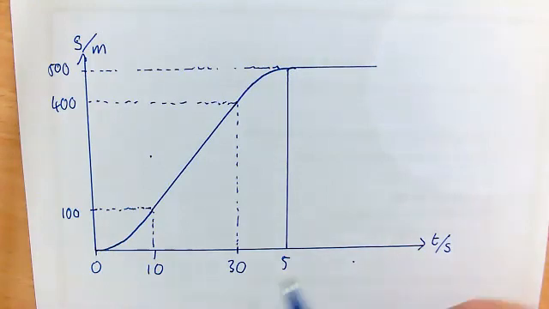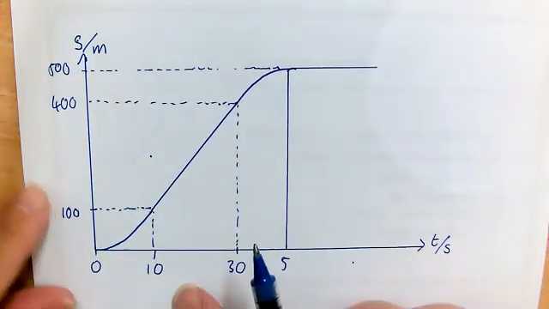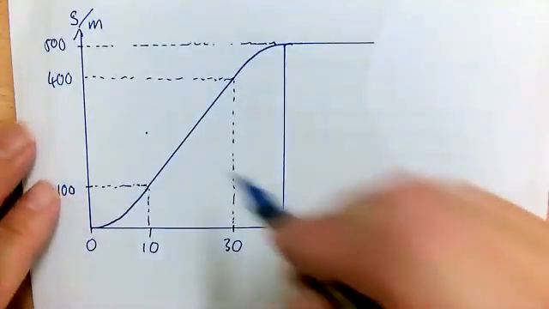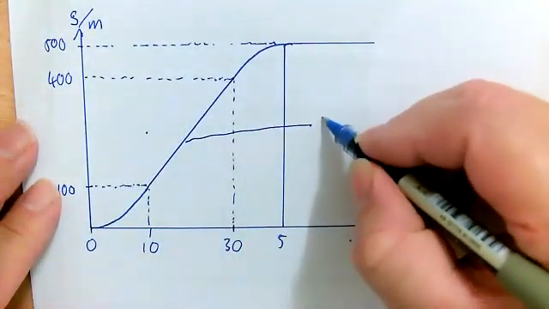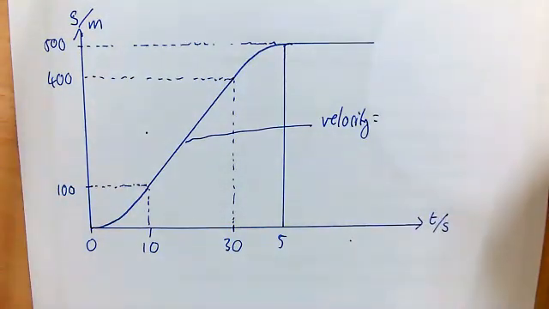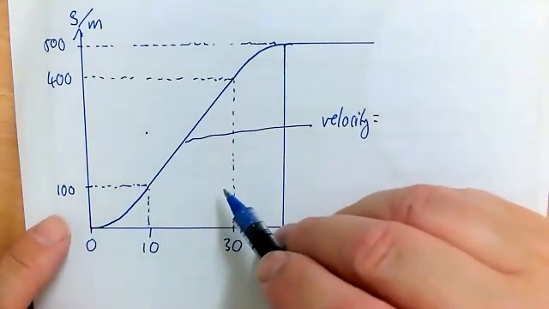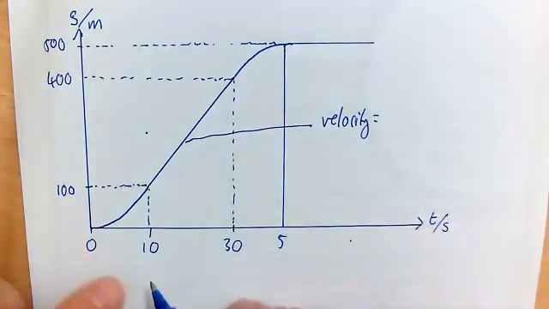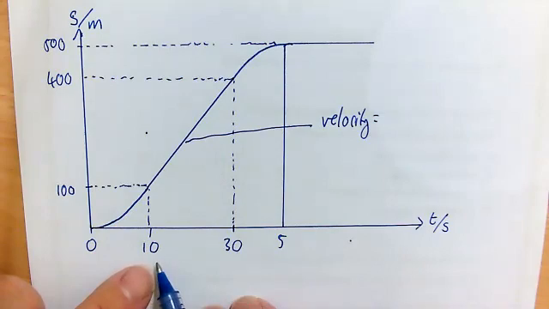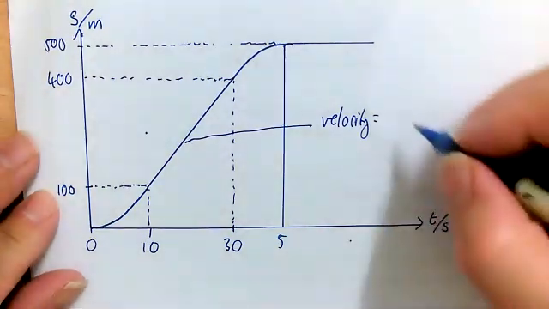So if you want to work out the speed at any given time, it's literally the gradient. Well, here we've got our y1 and y2 values. So here, the velocity, well, it's distance traveled over time taken, or the gradient of a displacement time graph. So the velocity would be delta y, which is 400 minus 100.